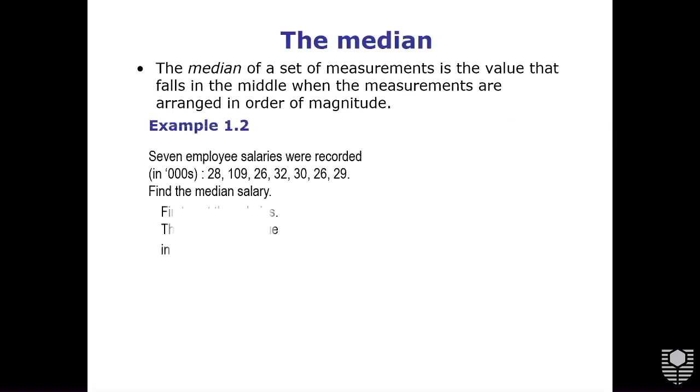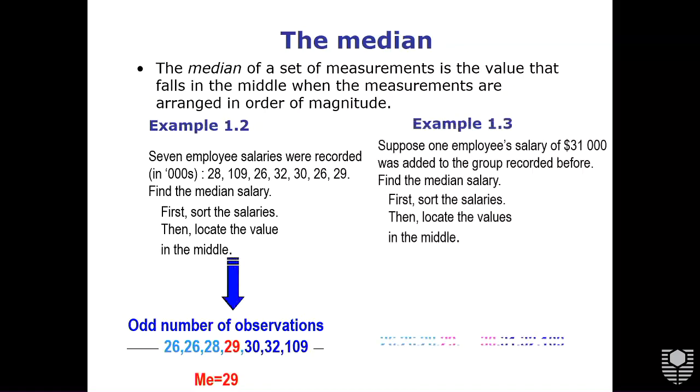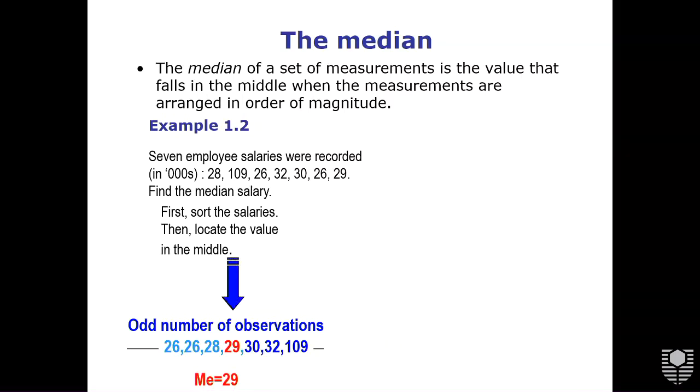The second measurement is the median. The median is one of the important measurements of central location, and it's very easy to calculate because you just order the data. We give you some data. You order it from smallest to highest, or from highest to smallest, up to you. But more probably we sort from smallest to highest.